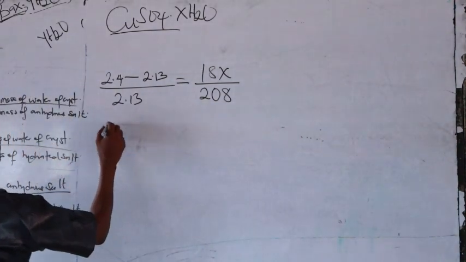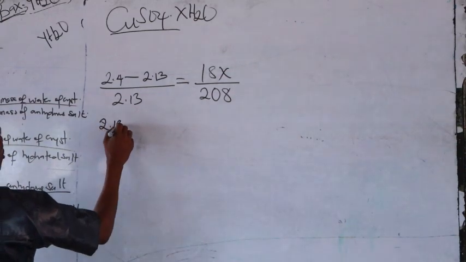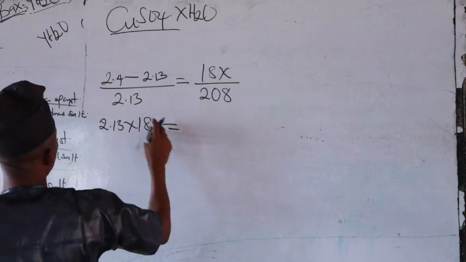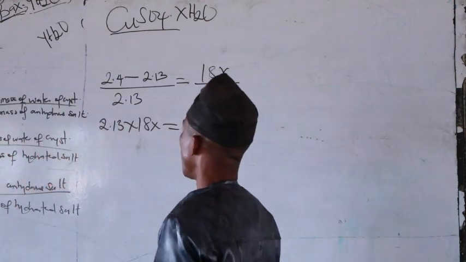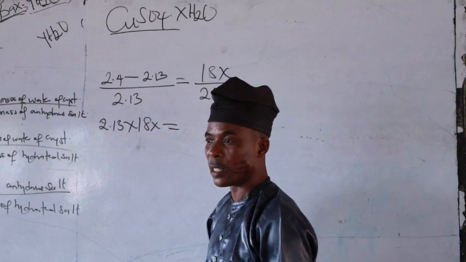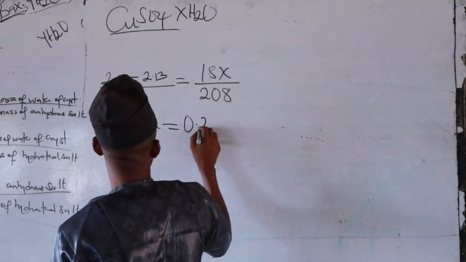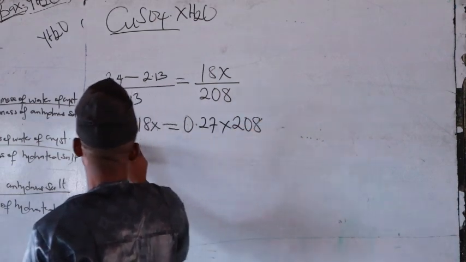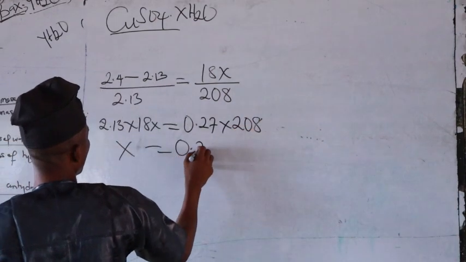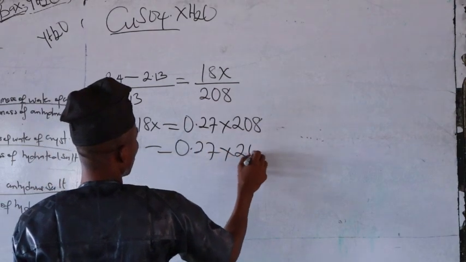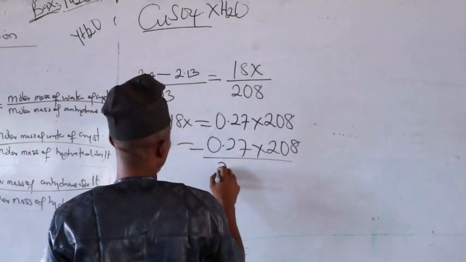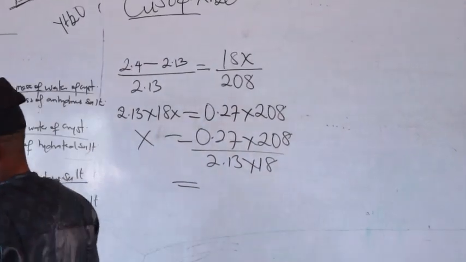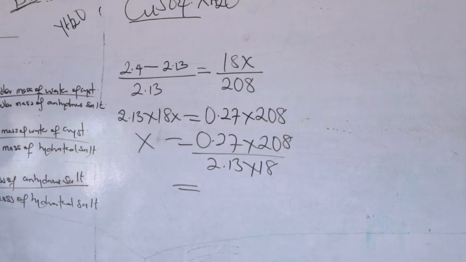Then we can now cross multiply. You have 2.13 times 18x equals, what is 2.4 minus 2.13? 0.27 times 208. Then x is equal to 0.27 times 208 divided by 2.13 times 18. Then the answer will be what? 1.